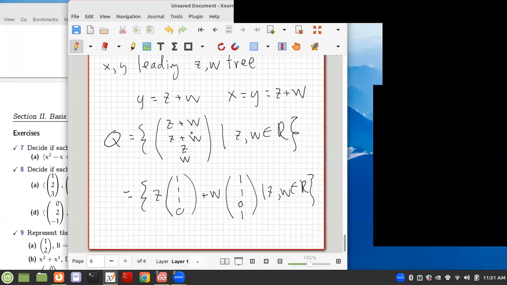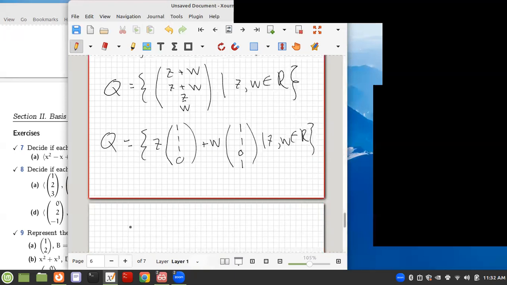And so this is just elementary vector addition. You can check this is true by reversing and multiplying the Z in here, multiplying the W here, and adding them together, and you'll get this vector. Okay? But the result is that Q is written as a span.